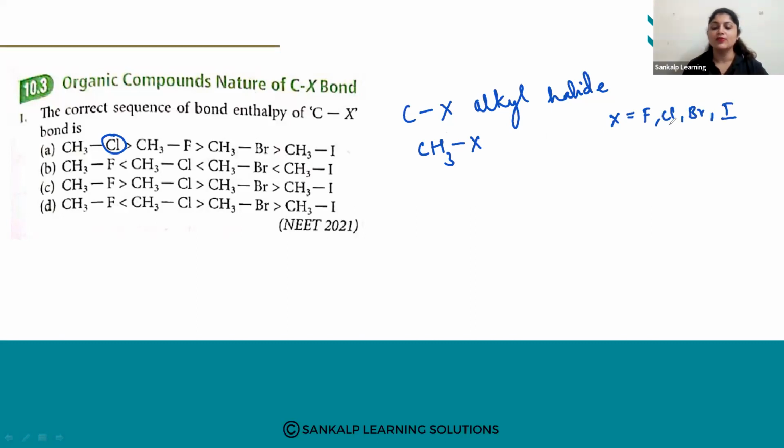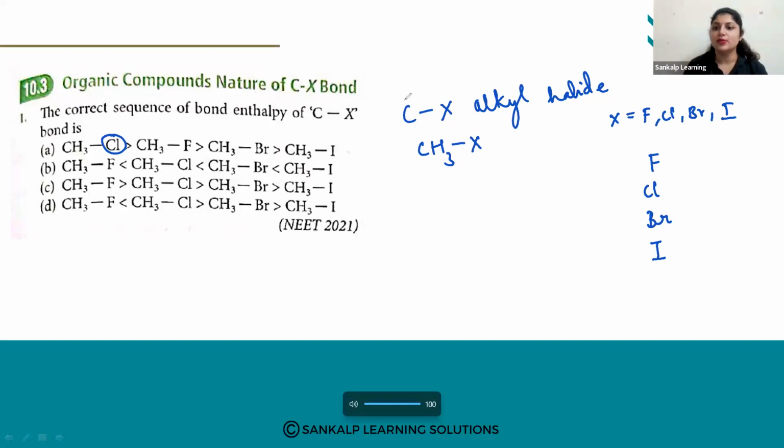When you write the halogens in the group, they are arranged like this: fluorine, chlorine, then bromine, and then iodine. What will happen to the size as you go down the group?